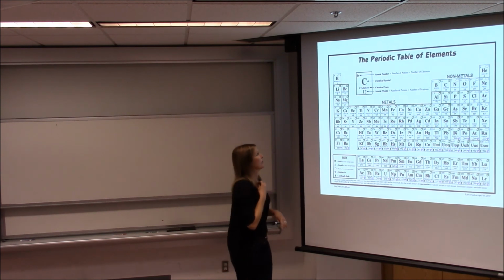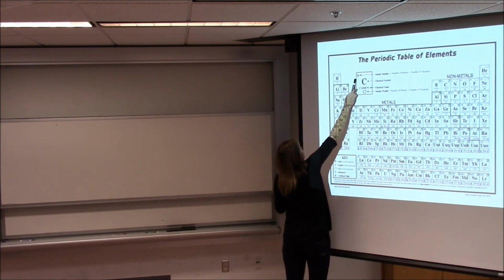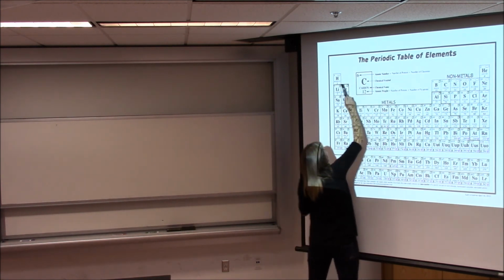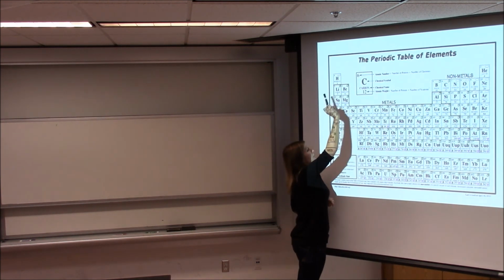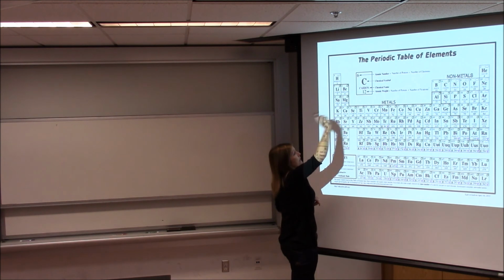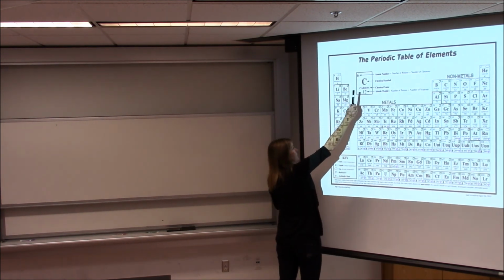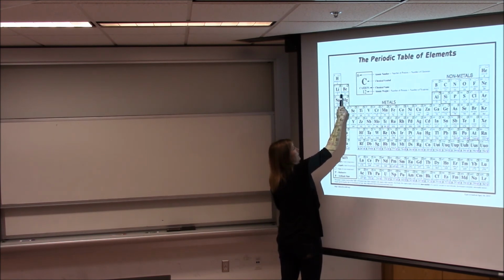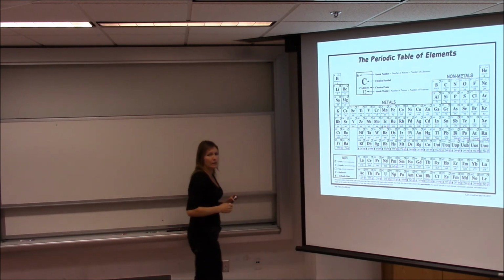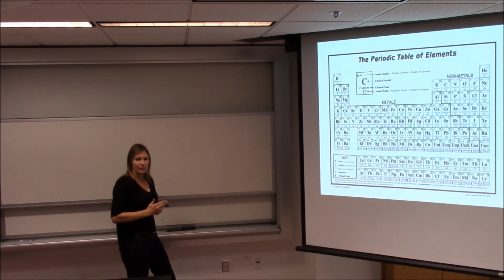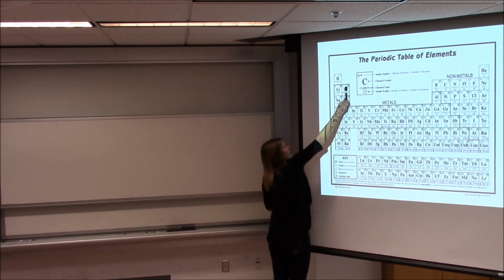You'll also notice that this number in the upper left-hand corner, called the atomic number, increases as we move up the periodic table, starting at 1 with hydrogen, 2 helium, 3 lithium, just keeps going. And then this number on the bottom, the atomic weight, that keeps increasing too as we go along the periodic table.